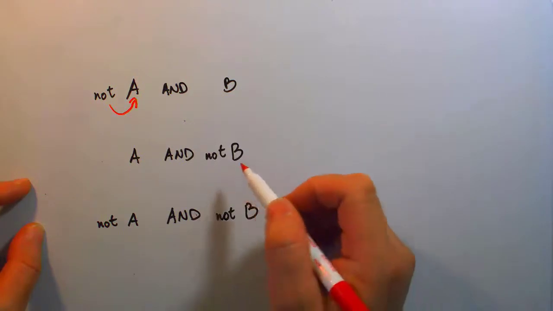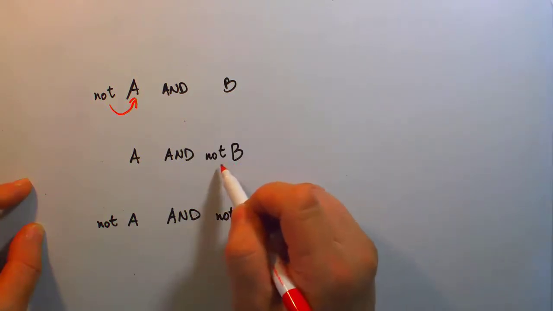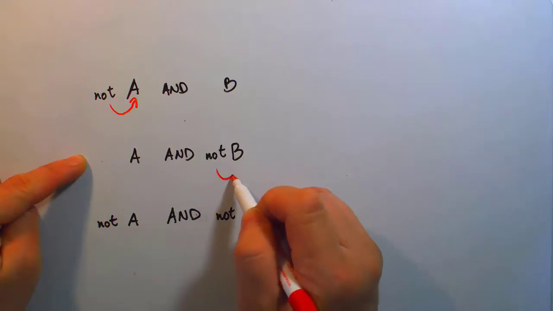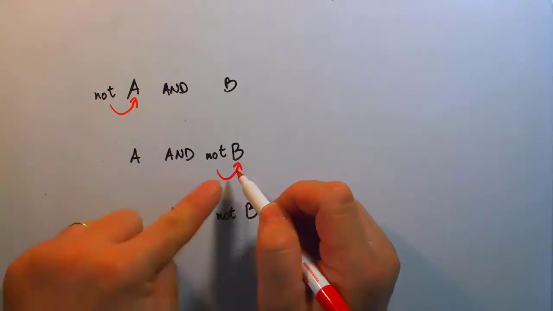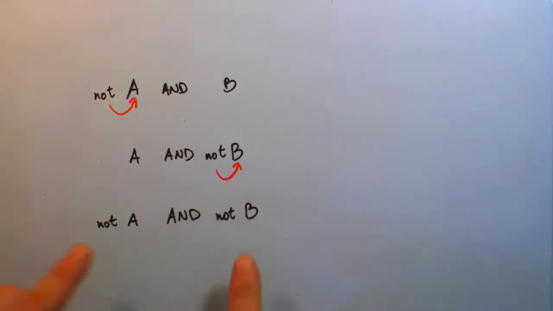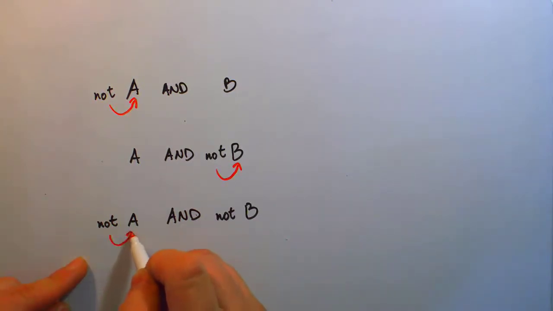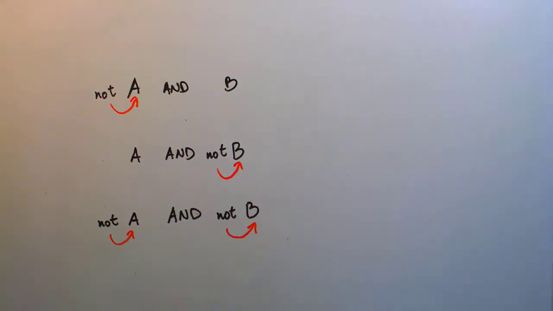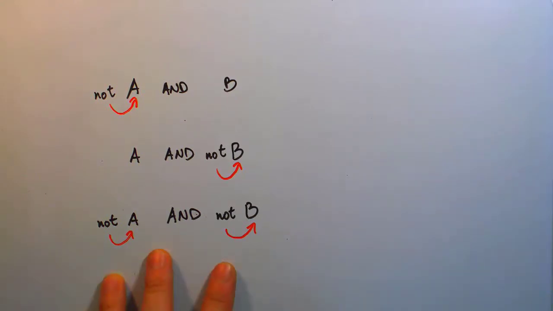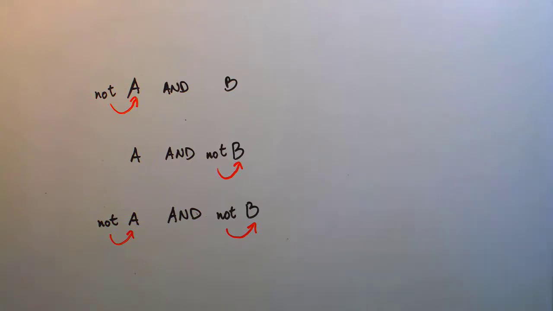Similarly, in my next form down here, this negation is only negating B. It has nothing to do with A, meaning A stays the way it is, not negated, but B is being negated. In the other case, where you see two negations, one negation is attached to A and the other negation is attached to B. Some viewers who are watching this video may know other ways of logically re-expressing this statement, and that's a good plus for you, but I'm assuming that if you know that, you have already done some logic course or at least some basic background.